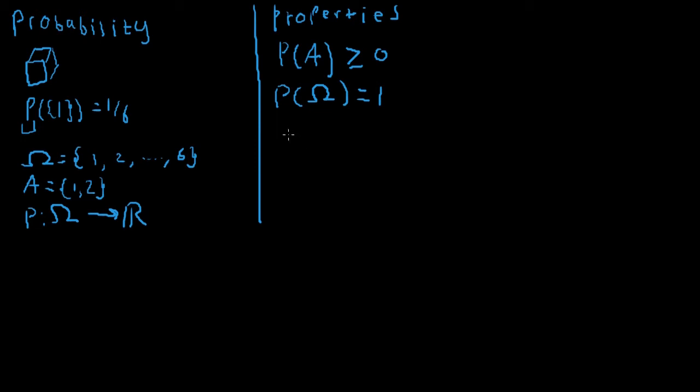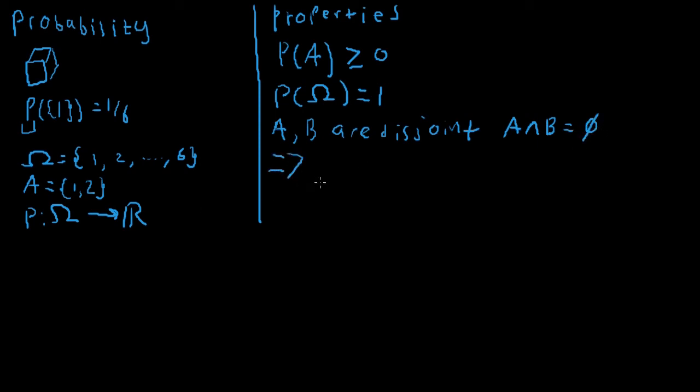And finally, this is a little more technical, but it's still very important. If A and B are disjoint, and what does that mean? Let's refresh our memory there. Disjoint means A intersection B is the empty set, the special set with no elements.